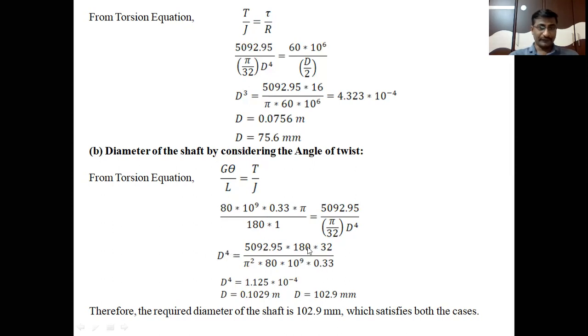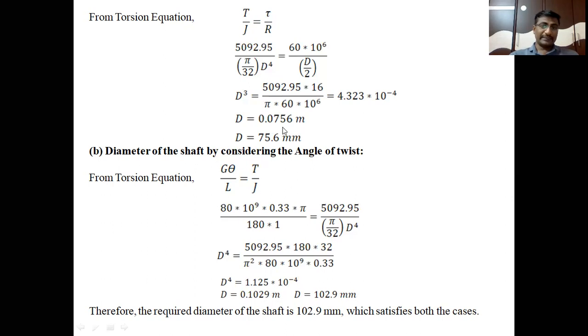D is the only unknown parameter in this equation. D power 4 is equal to 1.125 into 10 to the power of minus 4. D is 0.1029 meters. If you convert into millimeters, we can write it as 102.9 mm.